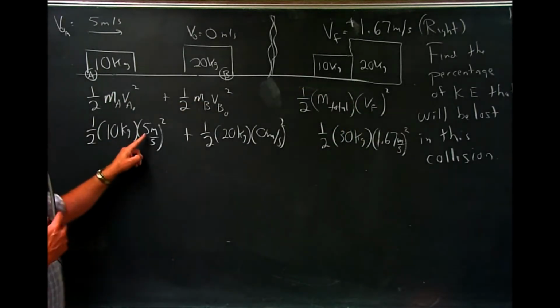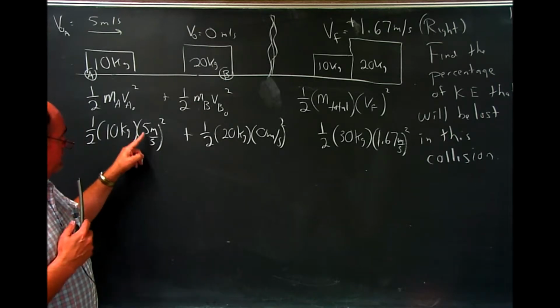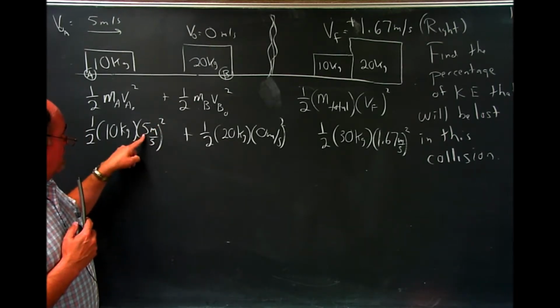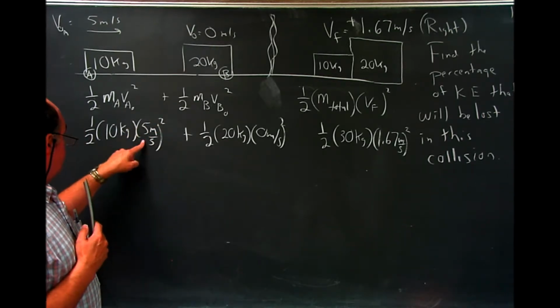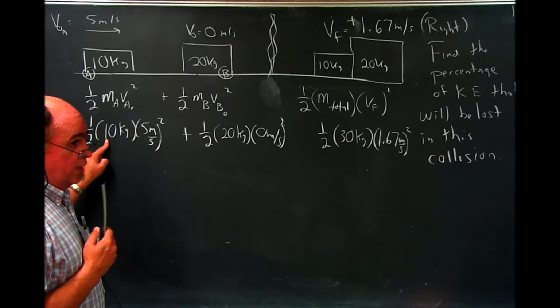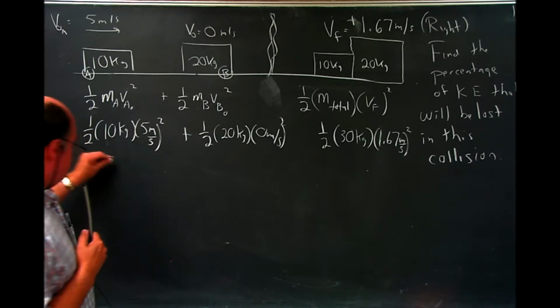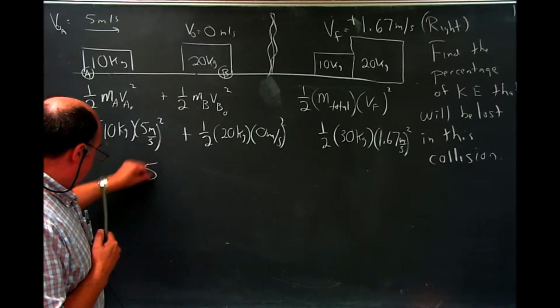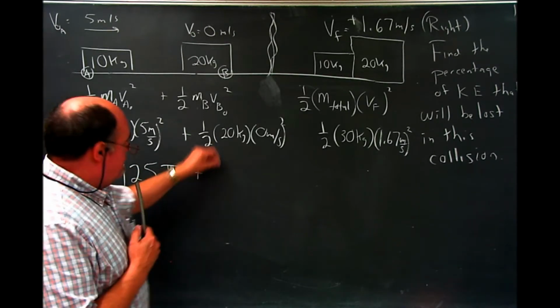This one we can do mostly in our head. It's 5 squared, which is 25, and 25 times 10 is 250, and you take half of it, so you get 125 joules. And this one's 0.